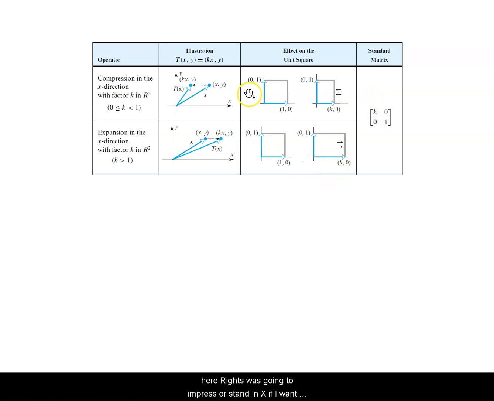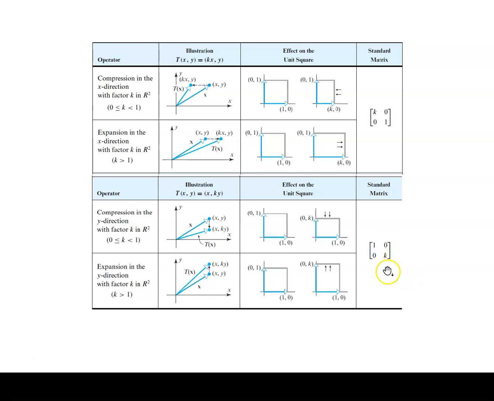So it's going to compress or expand in x. If I want to compress or expand in y, then this will be a 1, 0, and this will be a 0, k, and that will change my y's, my ups or downs, to go either up or down by a factor of k. Okay, so here I'm compressing by k, here I'm expanding by k in the upward direction.